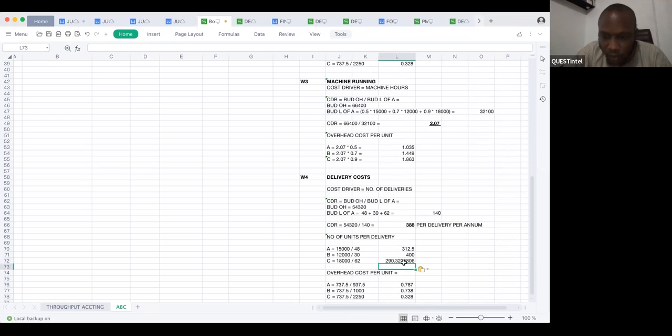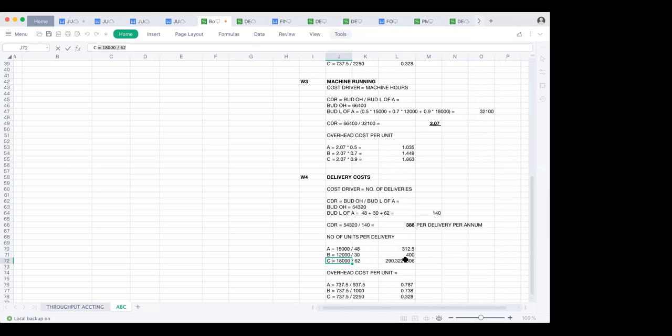Why is this figure so ugly? Is this correct? 18,000 is the last one. 18,000 really? Yes, it is. Okay, that's the figure they've given us now.